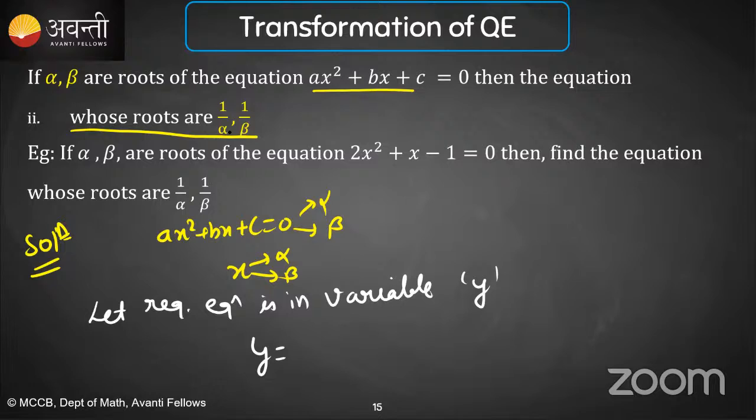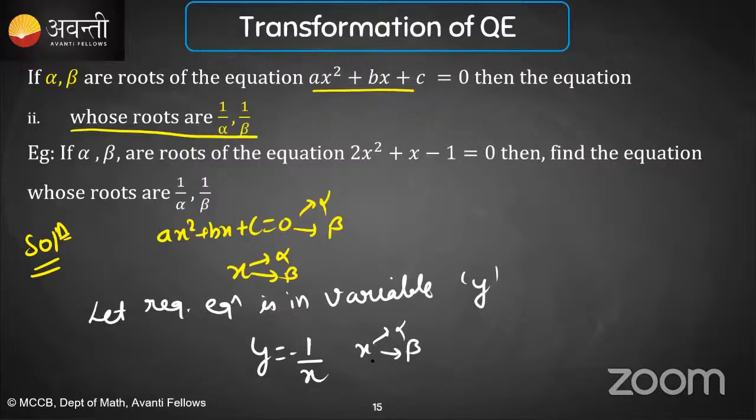What should I write as y? Yes, very good. I should write y as 1 upon x, right, where x has roots alpha and beta, right?